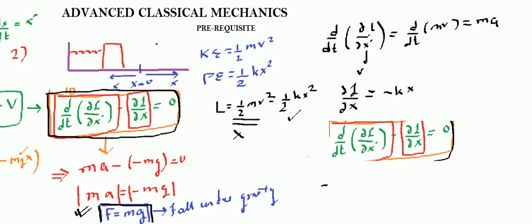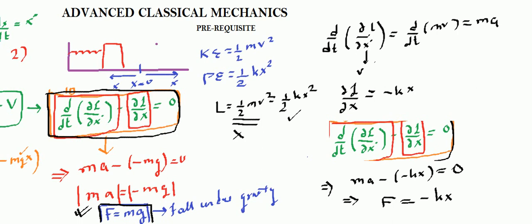This is the Lagrangian equation of motion, and then put all the values. So what is the first value? The first value in this spring case is mass into acceleration, and minus of, what is the second value? Second is minus kx, and this equals 0. So what do you get? Mass into acceleration is my force, and when it comes to this side you get minus kx.